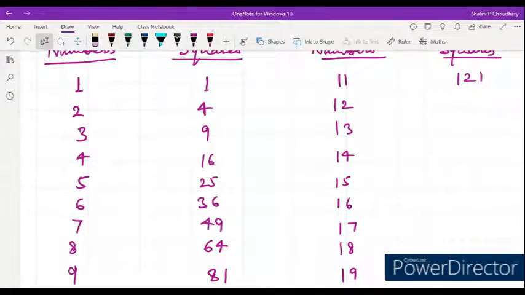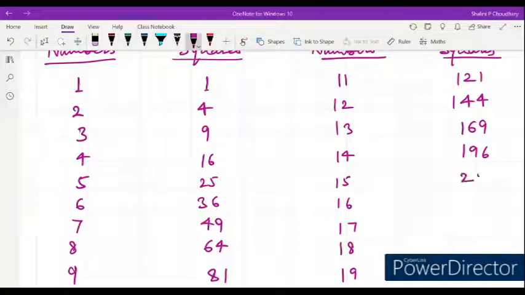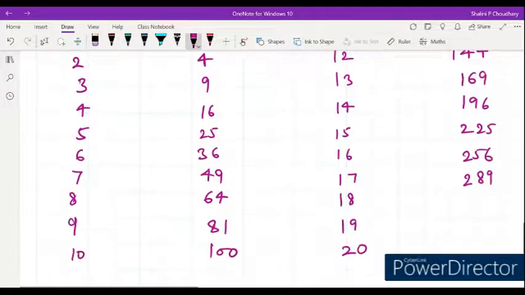The square of 12 is 144. The square of 13 is 169. For 14 it will be 196, and 15 will be 225. 16 will be 256. 17 will be 289, 18 will be 324, 19 will be 361, and 20 is 400.